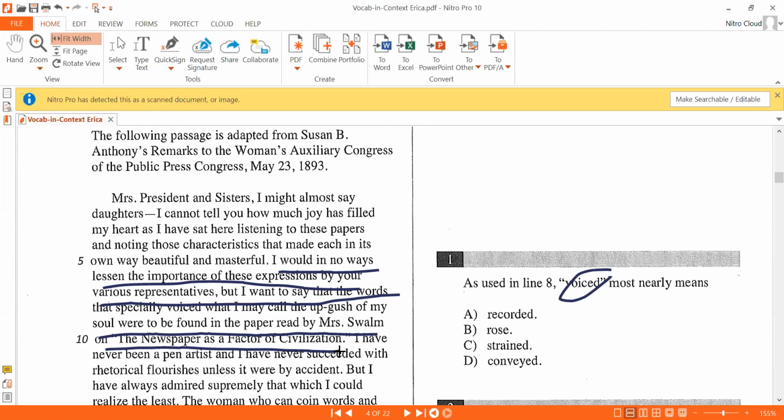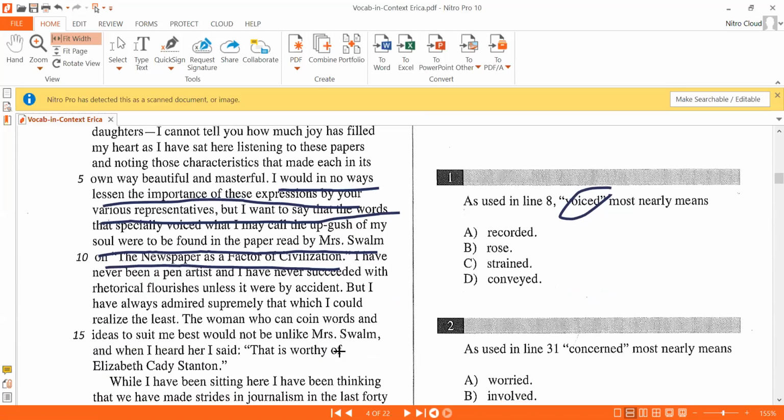So he wanted to convey these words. It's kind of voiced what I may call the upgush of my soul. Kind of represented something. Because prose would be long, strained would be the opposite, limited something. Recorded is like somebody's recording something, which could be the primary meaning of the word voiced, but 80% of vocabulary in context questions will ask you for secondary meanings of the word.